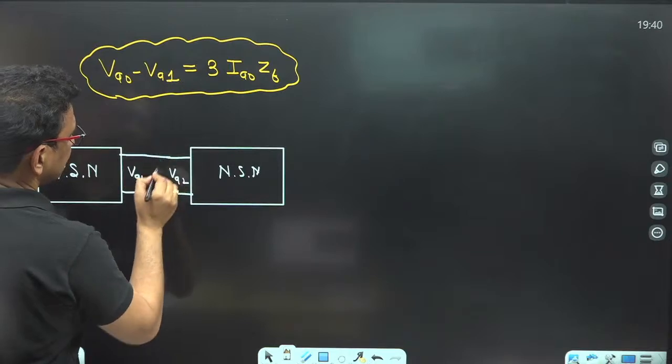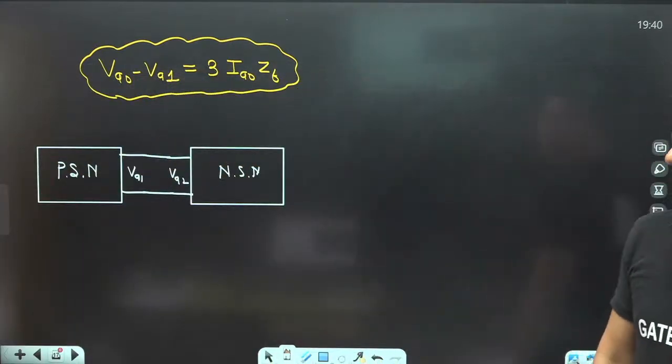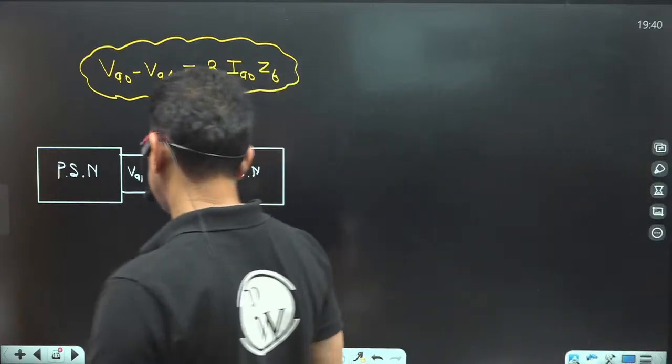Clear? This is how we can connect the positive sequence network and the negative sequence network.